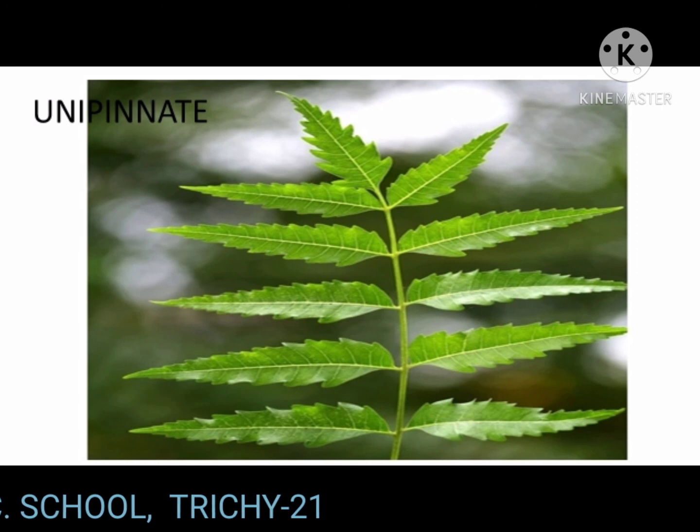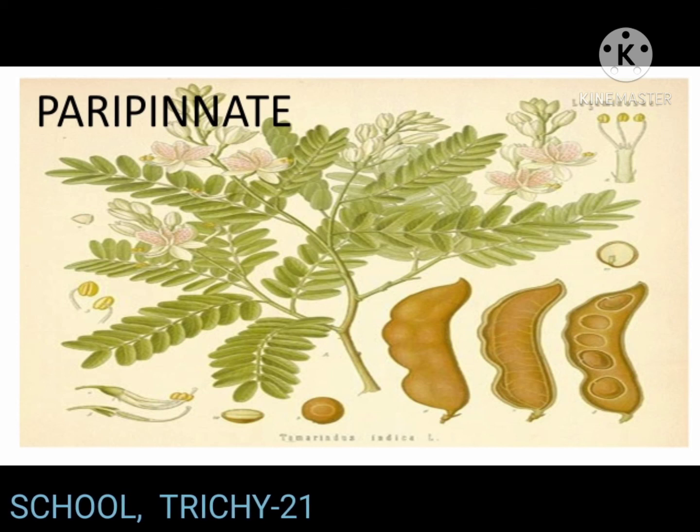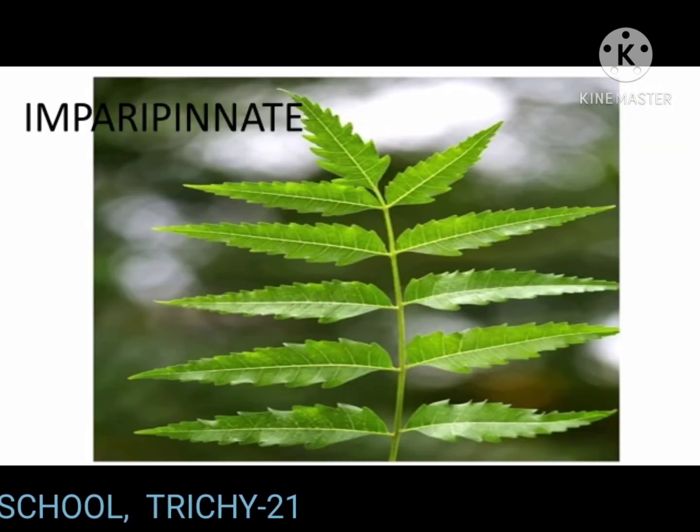When the leaflets are even in number, the leaf is said to be paripinnate. Example, Tamarindus. When the leaflets are odd in number, the leaf is said to be imparipinnate. Example, neem.